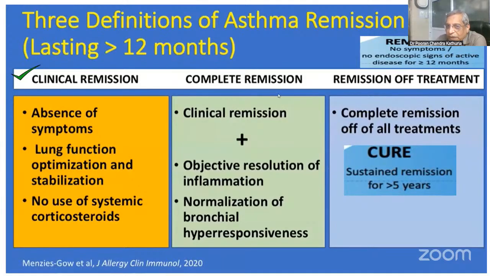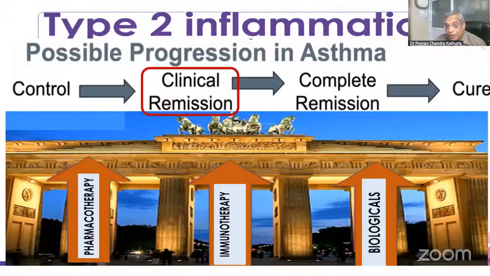The future is to achieve complete remission, meaning not only symptom control of the 4 parameters as we explained, but along with a decrease in remodeling as well as normalization of lung function, which is still not possible even if we combine both the biological as well as allergen immunotherapy.